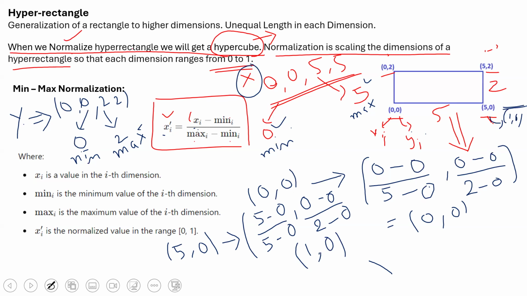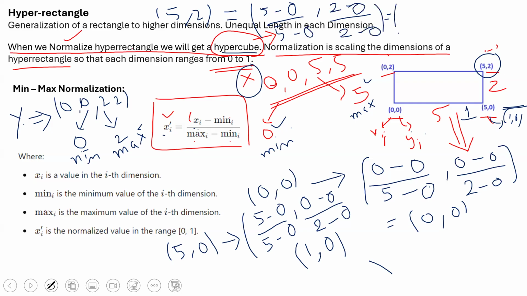Now look at this. It started converging to a hypercube. So this side is 1 now. Now let's try to find out this particular point, 5 comma 2. Just apply the same formula. If you want to normalize this, this becomes 5 minus 0 because xi minimum is 0, by maximum is 5 minus 0, comma, what is y here? 2. 2 minus minimum of y, which is 0, by maximum of y, which is 2, minus minimum of y, which is 0.